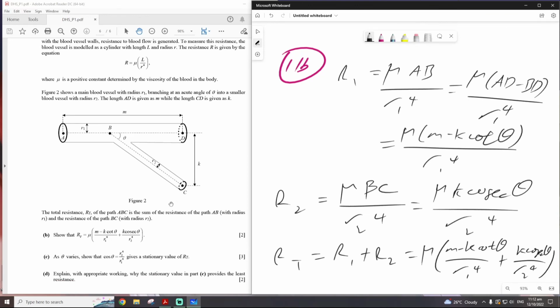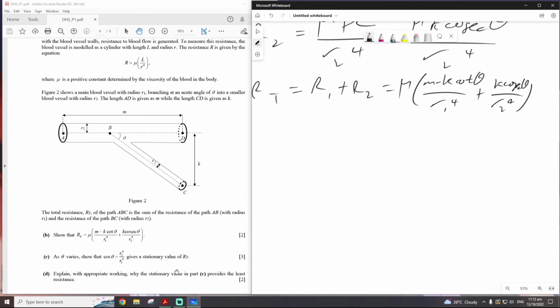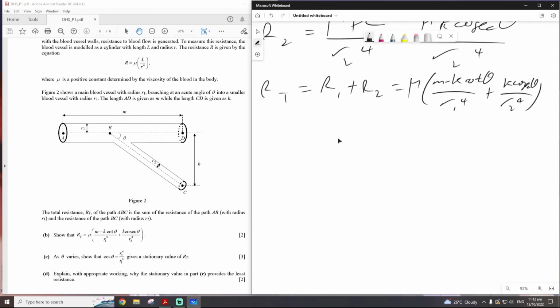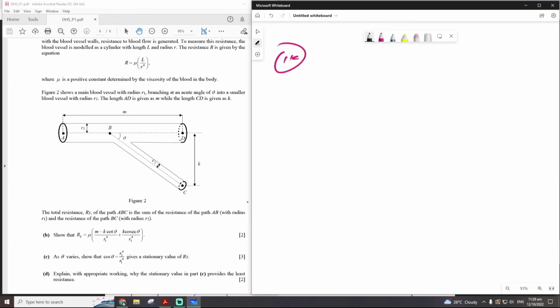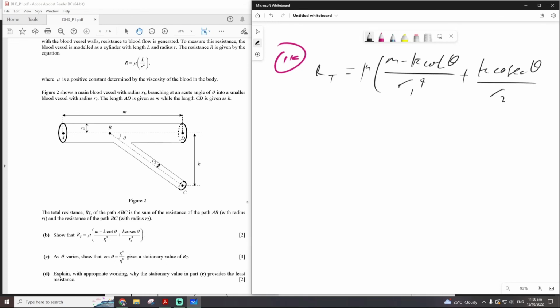As theta varies, show that cosine theta equals R2 power 4 over R1 power 4 when it's stationary. We found that RT equals mu of M minus K cotangent theta divided by R1 power 4 plus K cosecant theta divided by R2 power 4.